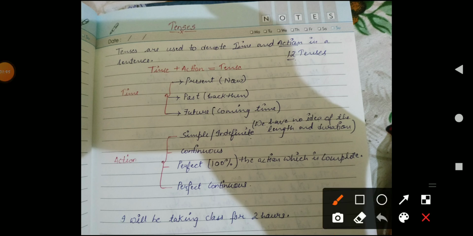Tenses are used to denote time and action in a sentence, and there are a total of 12 types of tenses, right? I have also explained the time section and the action part in the tenses, how there are three types of time and four types of actions, and how we combine both of these to form different kinds of tenses, right?